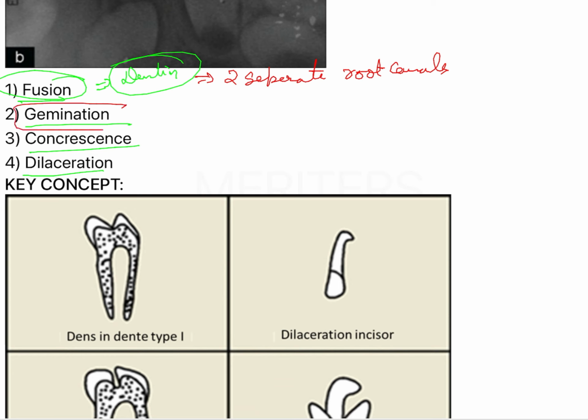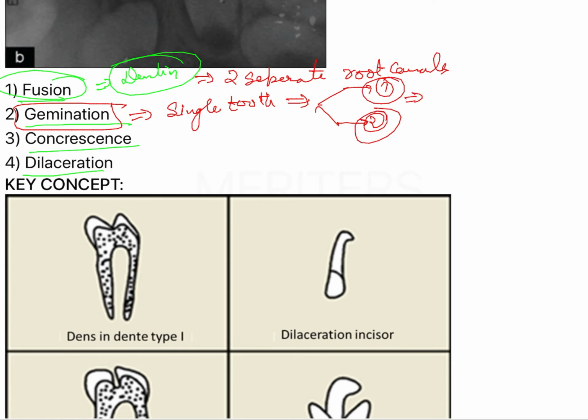Then gemination. Gemination is generally a single tooth bud. When a single tooth bud splits into 2, you'll see that there will be 2 crowns, but only one root canal. The root canal is generally 1 in this case, and that will help you identify gemination.